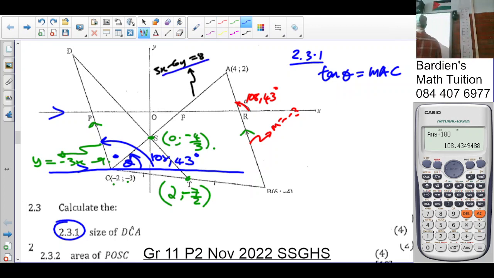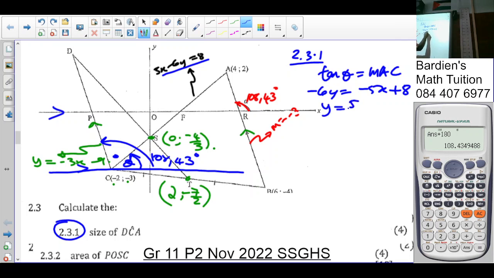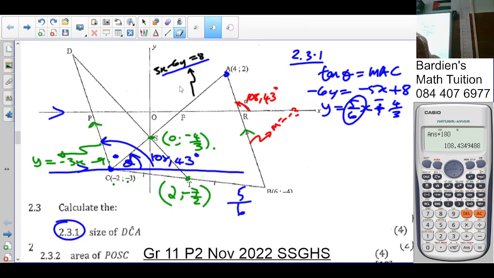So I say negative 6y is equal to negative 5x plus 8, divided by negative 6. So it's y equals 5 over 6x plus 4 over 3 in the negative. So the gradient of that line is 5 over 6. Otherwise I could have calculated the gradient there, which would have been 2 minus minus 3, which is 5, over 4 minus minus 2, which is 6 as well. 5 over 6.